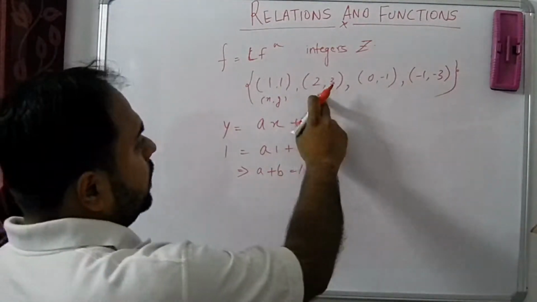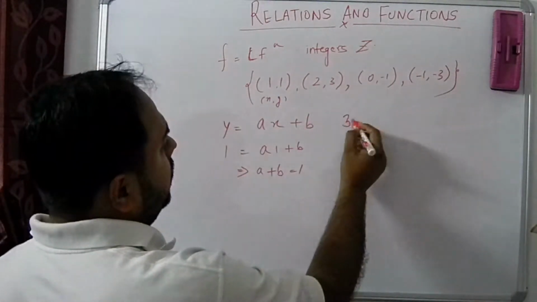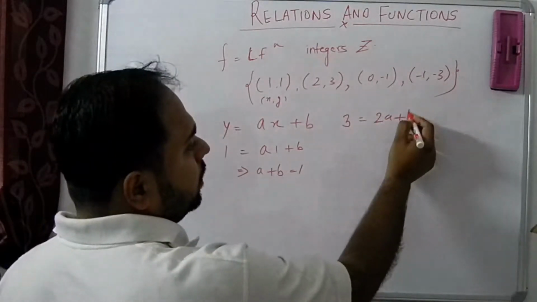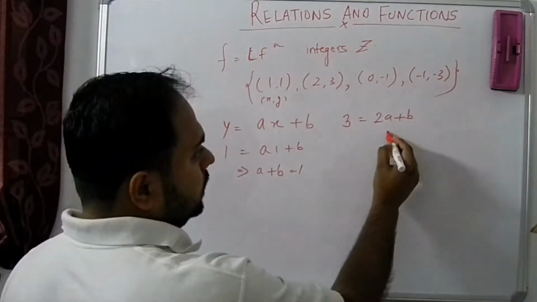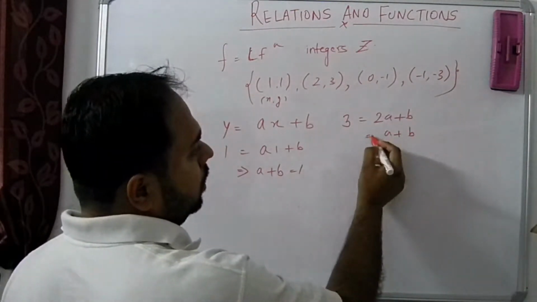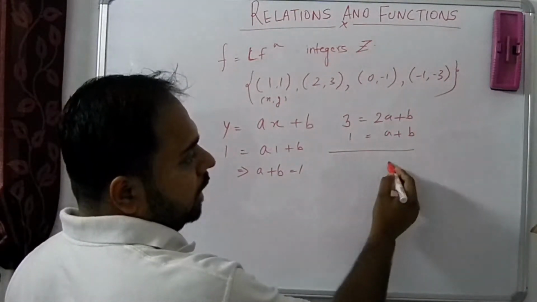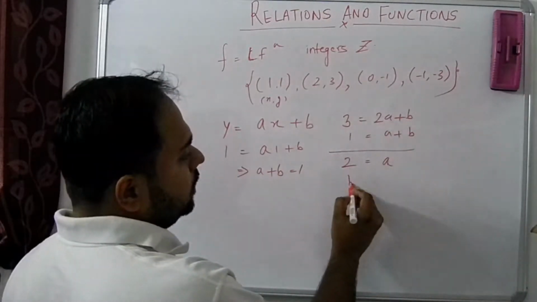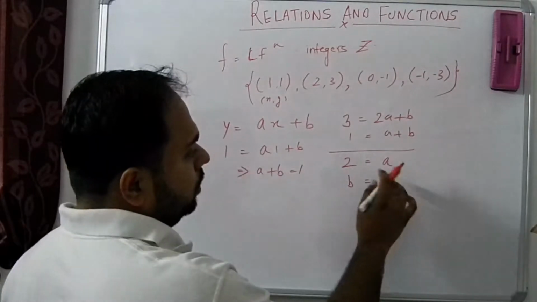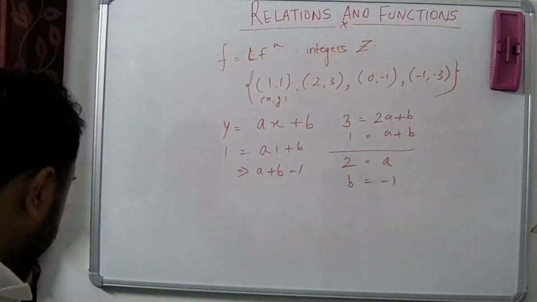And if I put (2, 3) in this, I get 3 = 2a + b. There are two equations. Now simply subtract, and I get a = 2. When a is equal to 2, this implies that b is equal to -1. So a = 2 and b = -1.